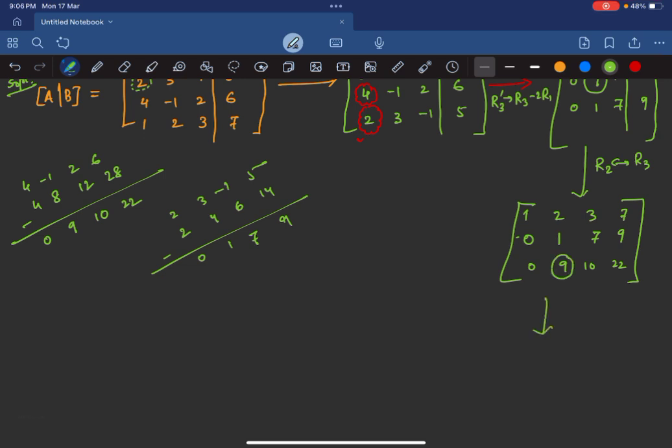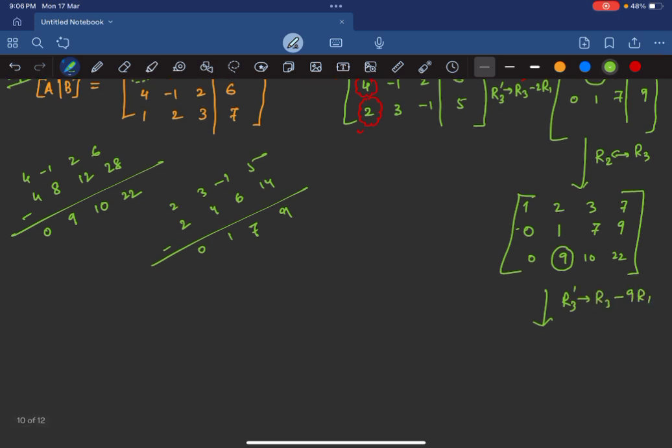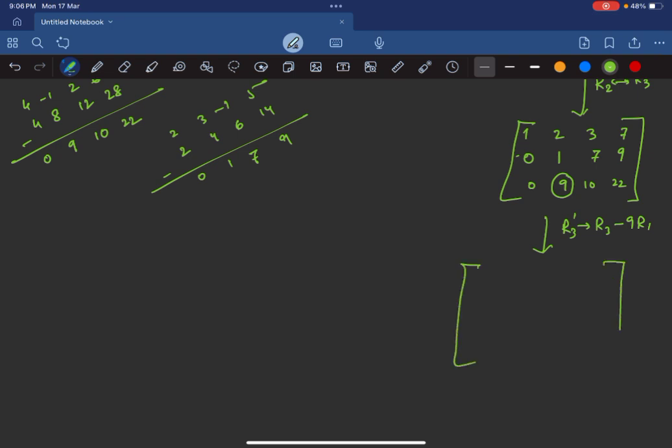Now in the next step you need to make this position 0. For that, R3 dash tends to R3 minus 9R1. If you are doing this, 1 2 3 7 as it is, 0 1 7 9, and here you have 0 9 10 22, if I am not wrong. The second row multiplied with 9 gives 63, here 81.